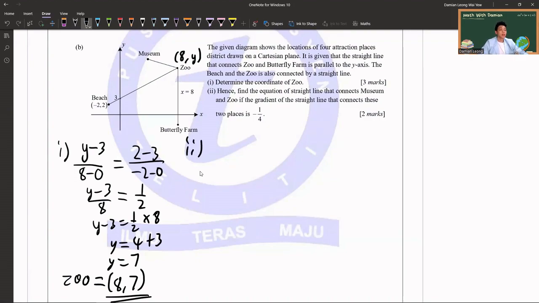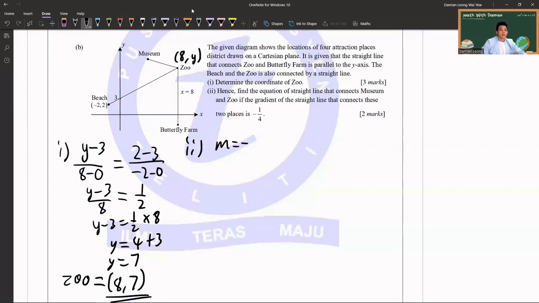Okay. So when we compare 3 points on the same straight line, collinear points, then we can use the gradient to compare them. I want the equation of the straight line that connects museum and zoo if the gradient of the straight line that connects these two places is -1 over 4.